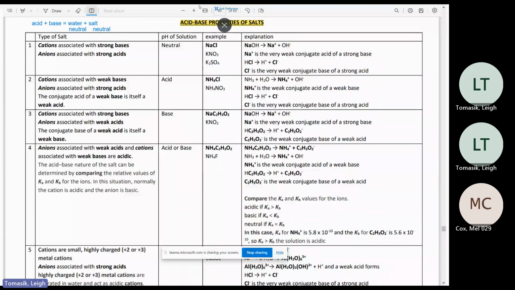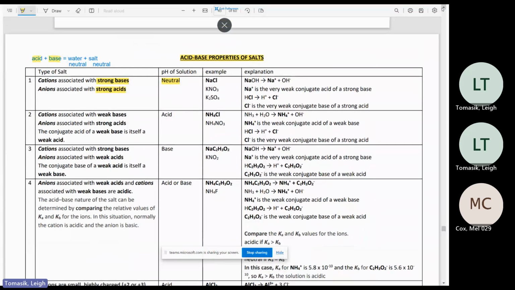oversimplification. Okay, this only works if the acid that we mix and the base that we mix are strong acids and strong bases. And you add the same amount, right? So if we add a strong base to a strong acid, we get a neutral solution, right?